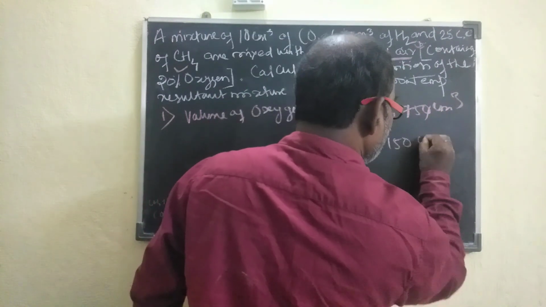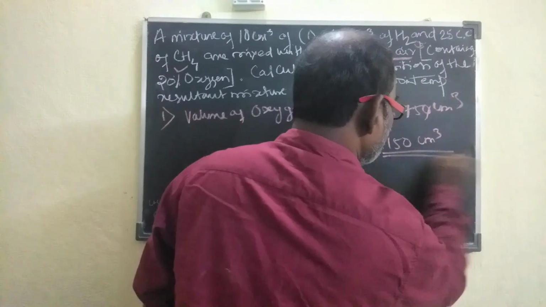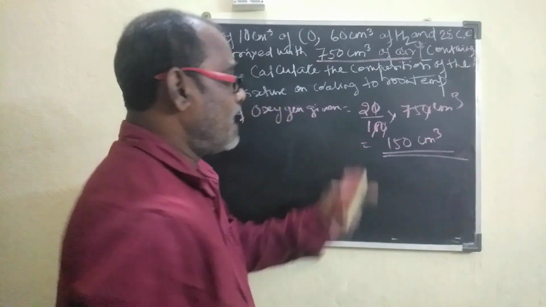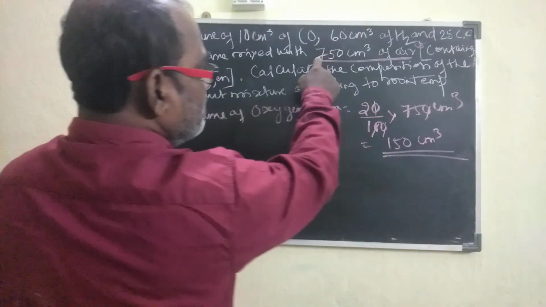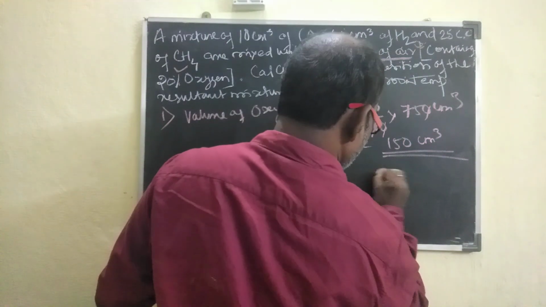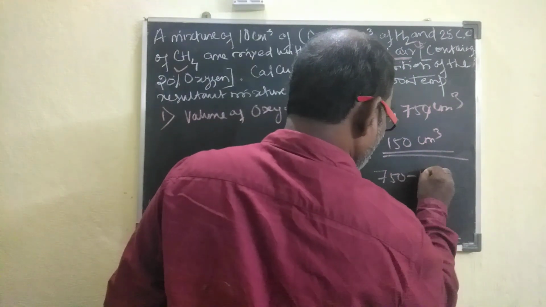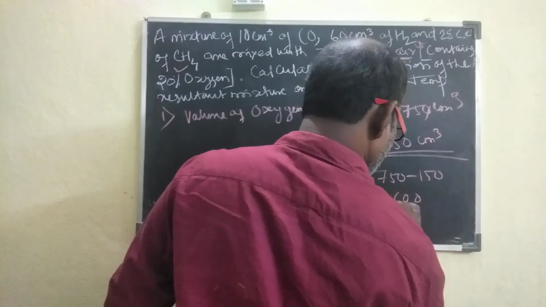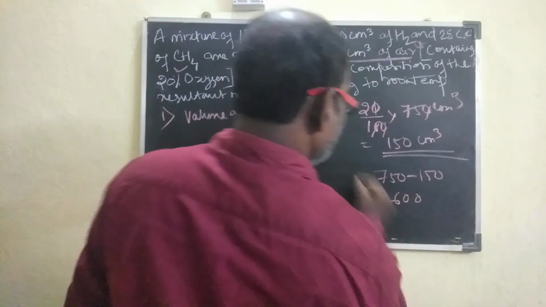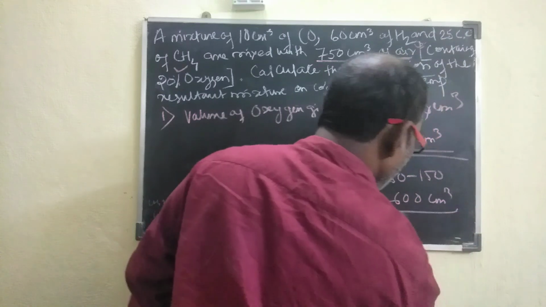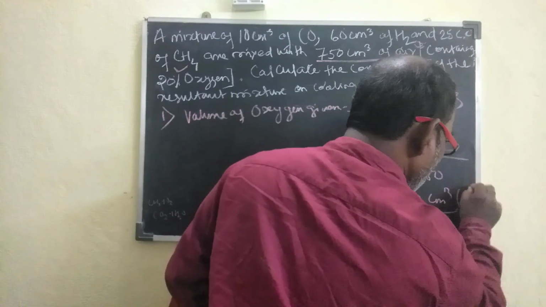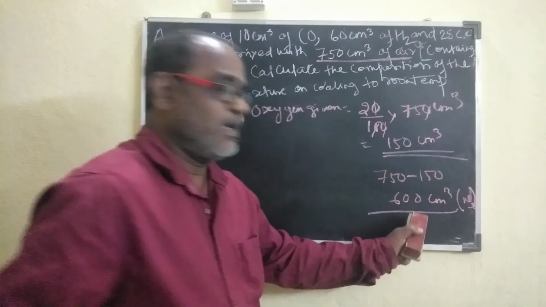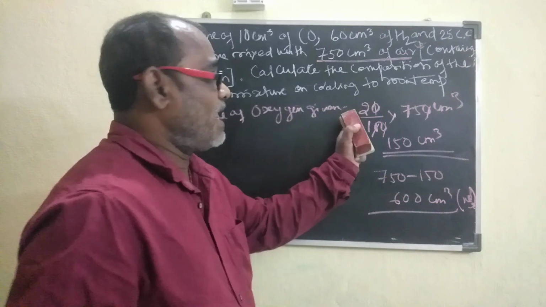So 150 centimeter cube of oxygen you have, and if you subtract, 750 minus 150, that means 600 centimeter cube of nitrogen is remaining in the mixture at the end.